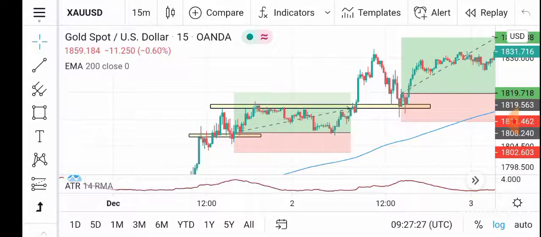This is in hindsight, but trading like this is going to change the way you trade, because you're waiting for price action, which is an engulfing candlestick. An engulfing candlestick is one of the best price action trading patterns I've ever seen, guys. Since I started trading in the forex market, I've been trading the engulfing candlestick for a very, very long time.